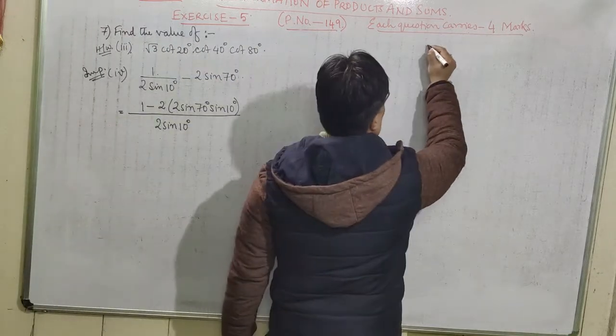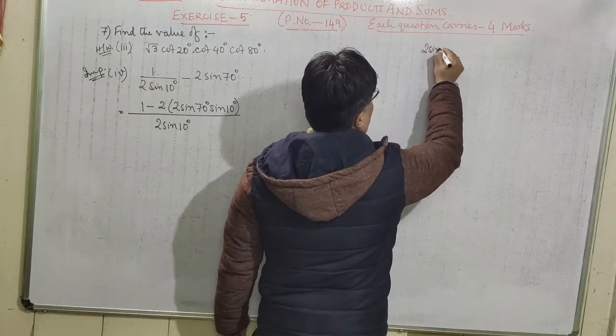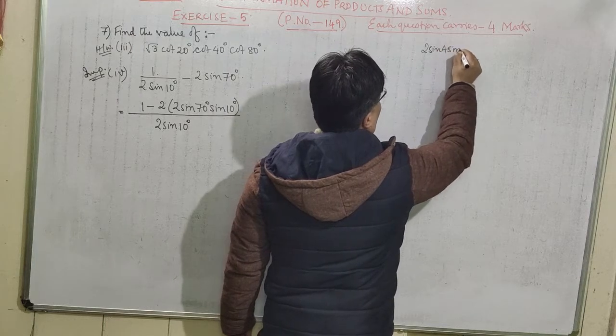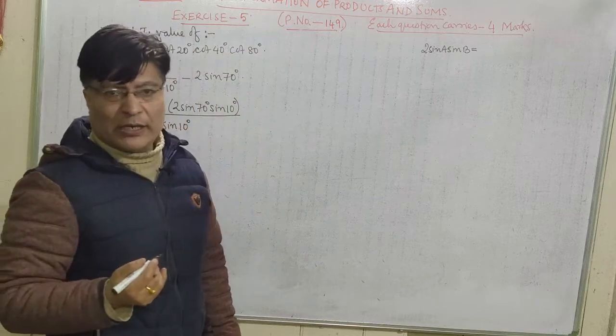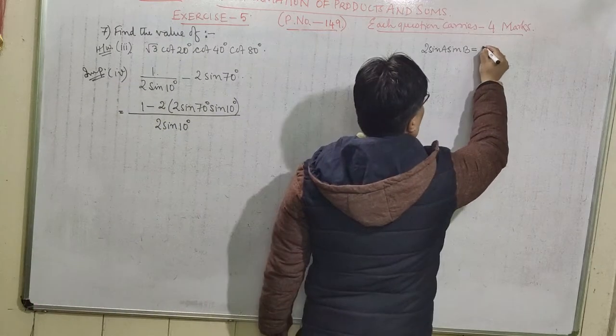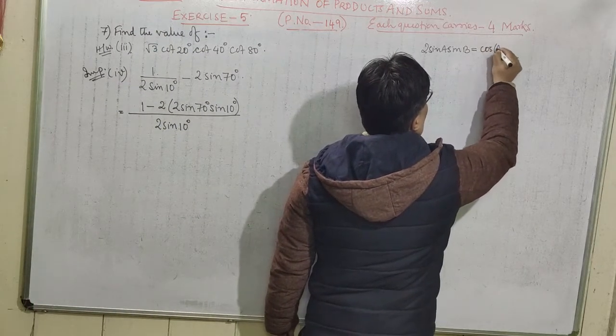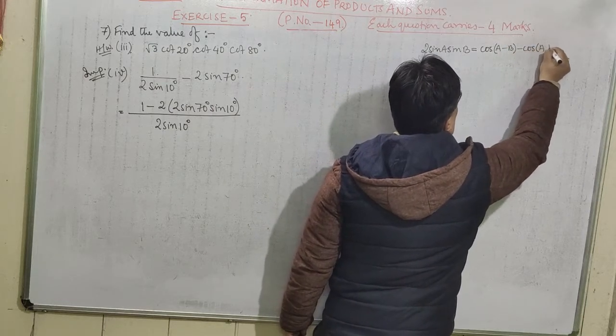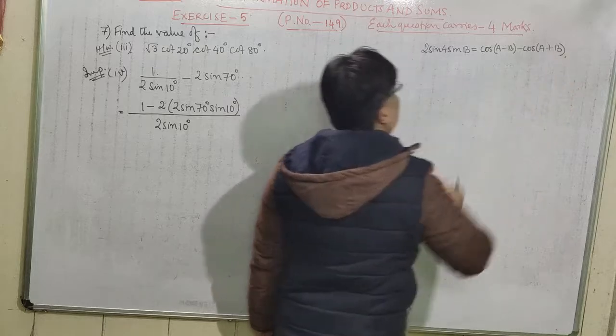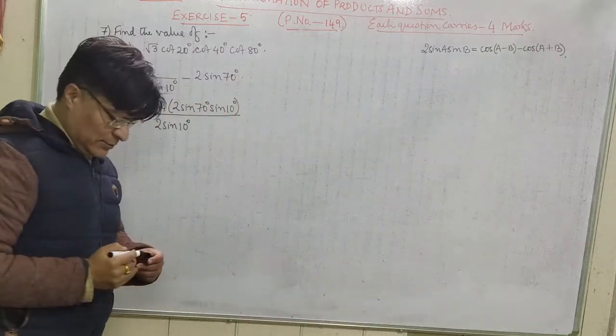What's the formula now? 2 sin A sin B is cos of A minus B minus cos of A plus B. So this is the formula, right?